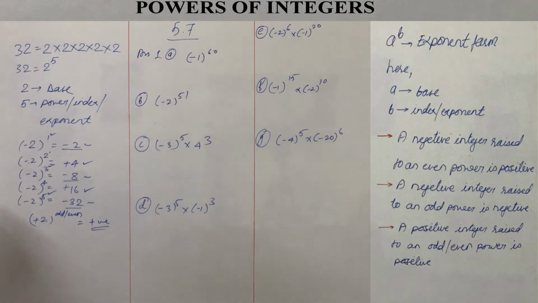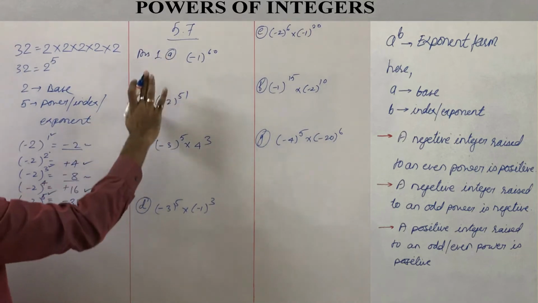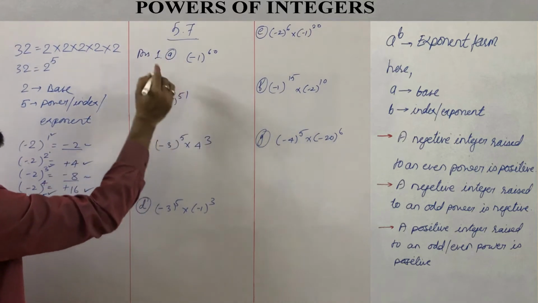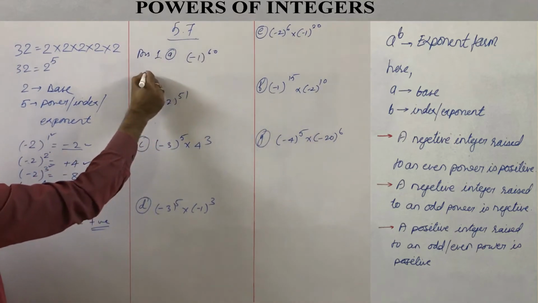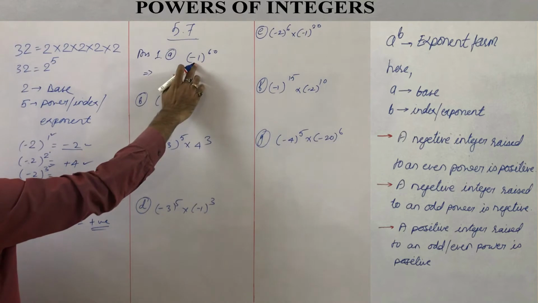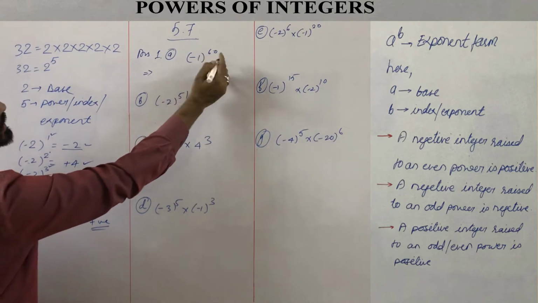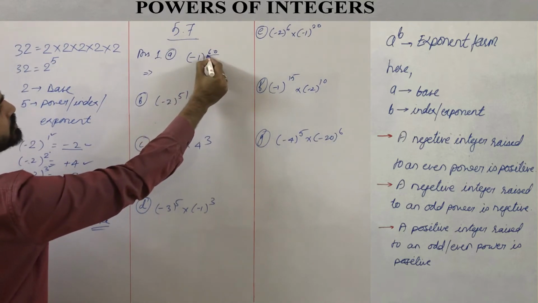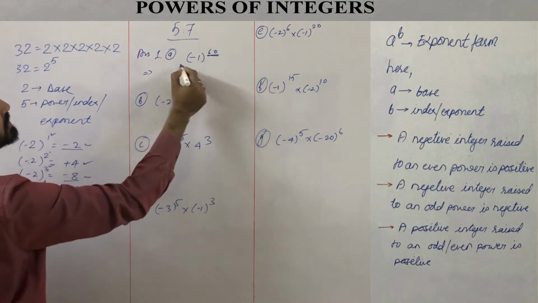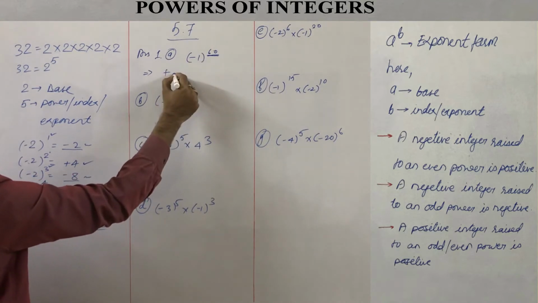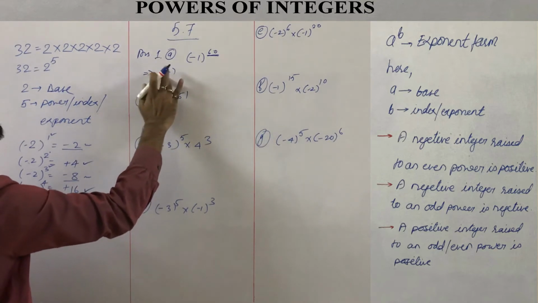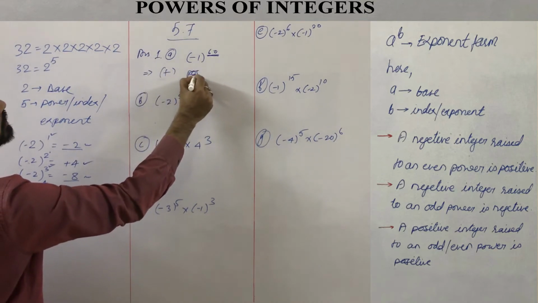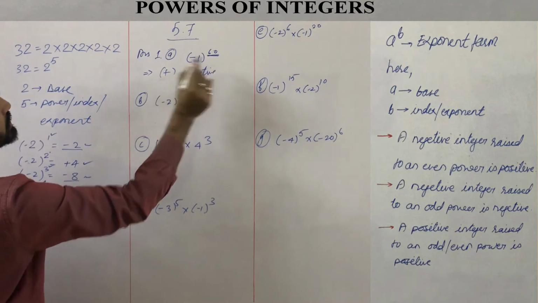In this problem we are not required to calculate the final value, we just have to decide what will be the sign, positive or negative. So in first case, a negative integer with even power. So the power is even, it means the final value will be a positive number or positive integer. So the answer is positive.